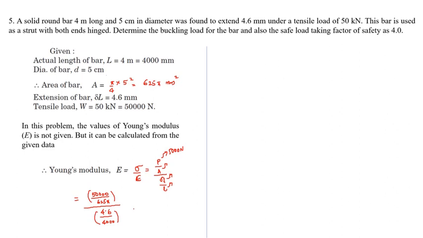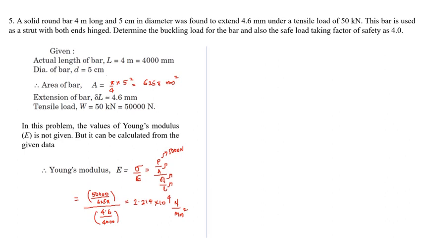So you are getting the value for your Young's modulus as 2.214 into 10 raised to 4 Newton per mm square.